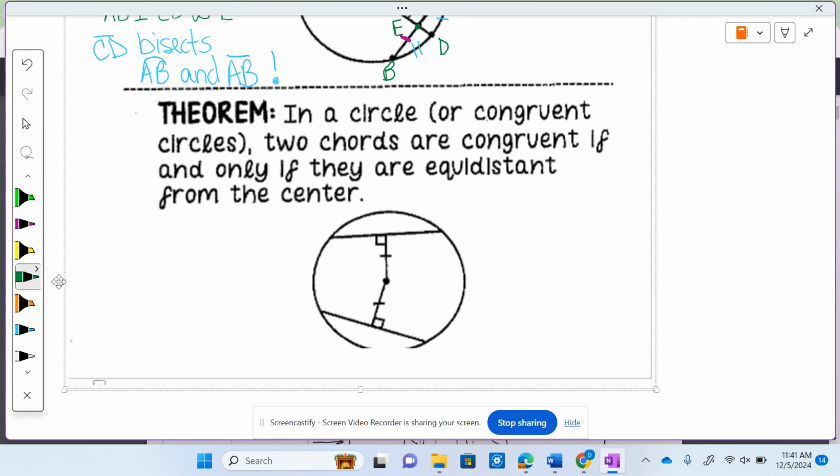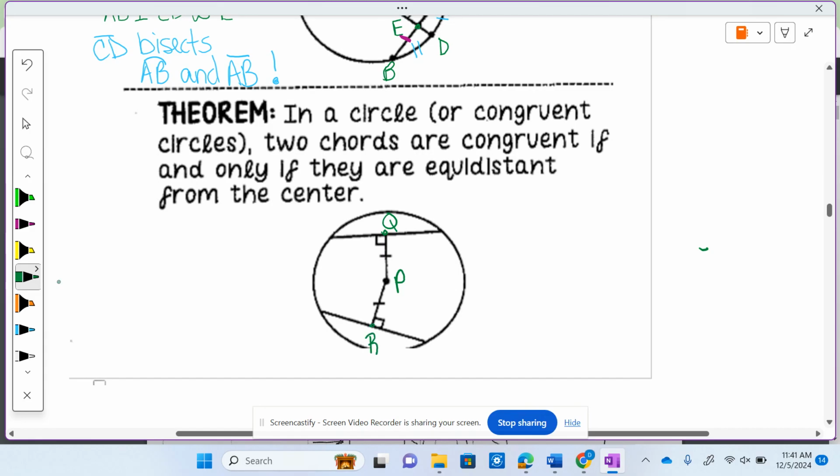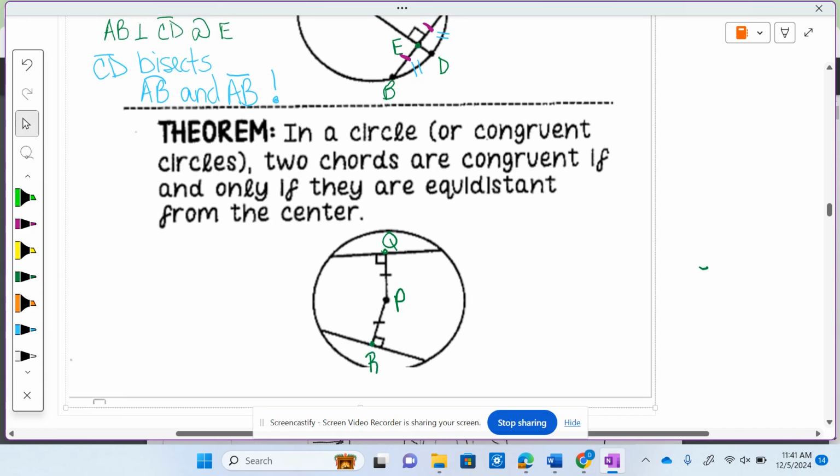So I'm going to call this circle P. Circle, why are you not writing? Circle P. And I'm going to call this point Q and this point R. So they have to be equidistant for this to be true. So equidistant means, remember, distance is measured in perpendiculars.